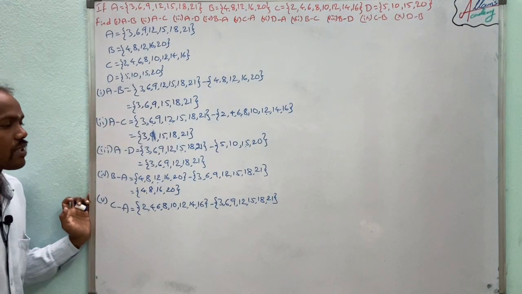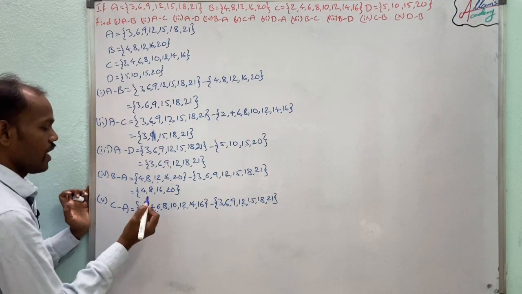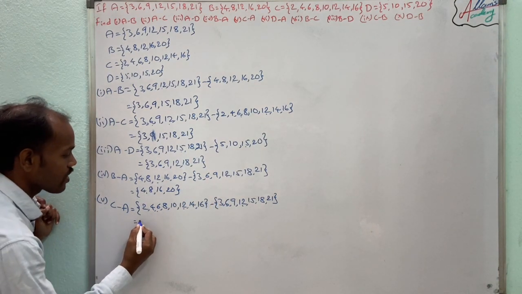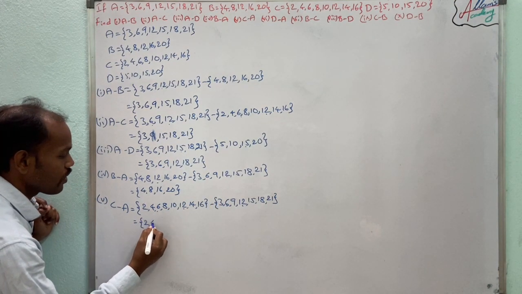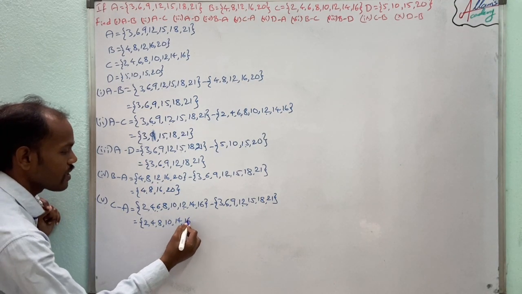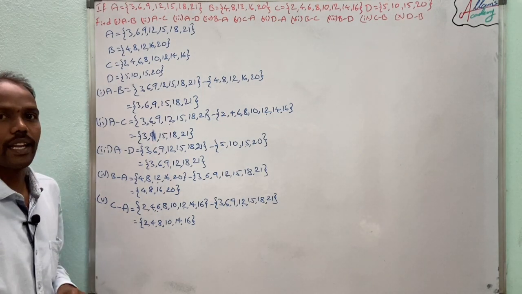Now in both sets the common elements are 12 and 6. Neglecting those, the remaining elements in the first set are 2, 4, 8, 10, 14, 16. It is the answer for the set C minus A.